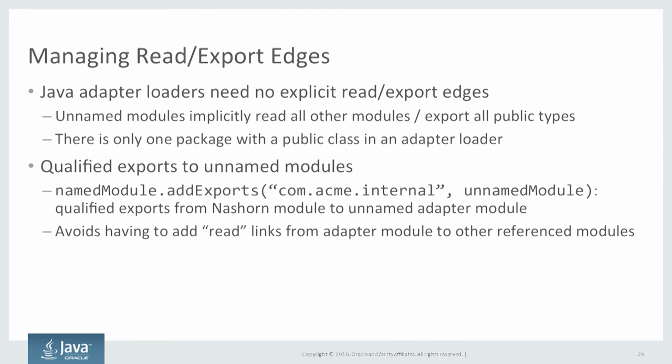And Nashorn takes care of exporting to unnamed modules, again, via the addExports. This call is also possible with an unnamed module as the target module. All right, this has been a whirlwind tour.